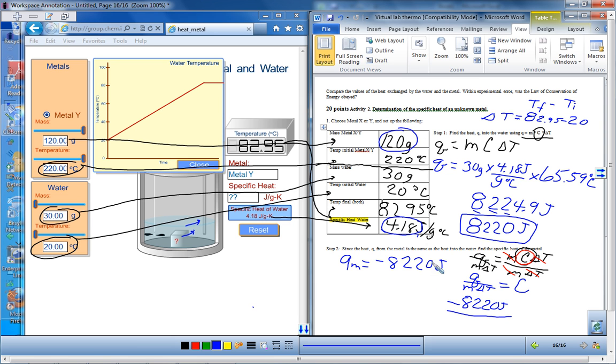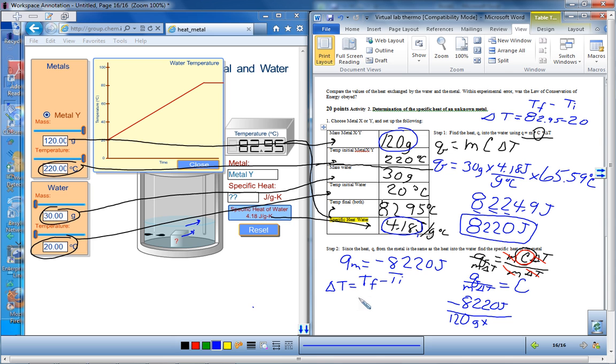Mass of the metal, 120 grams. And divided again by the delta T, which I have to go over here and calculate. Delta T is equal to the final temperature minus the initial temperature.